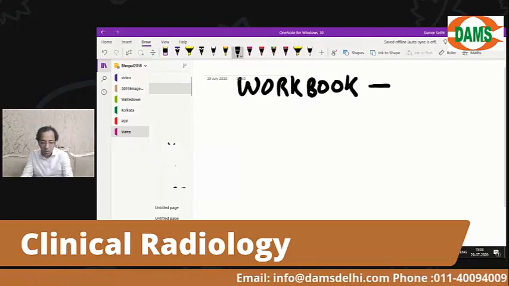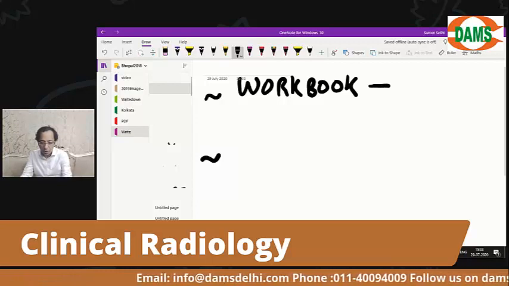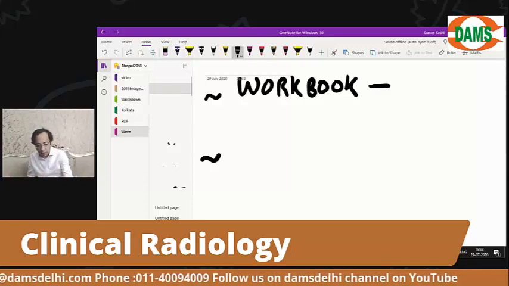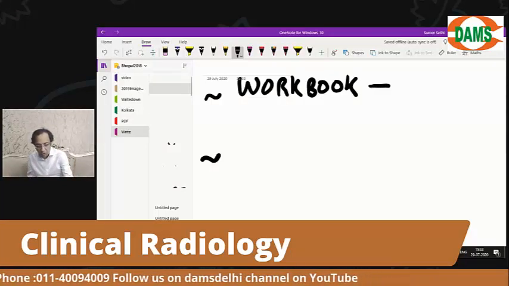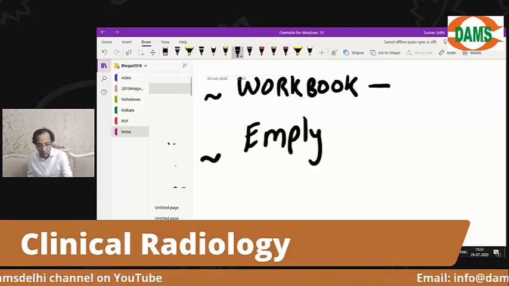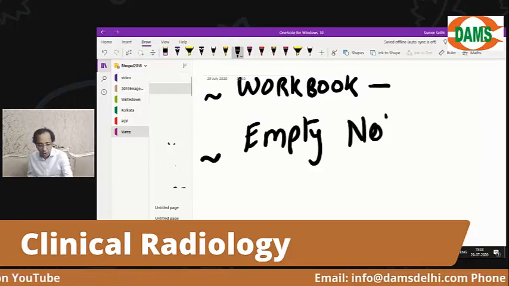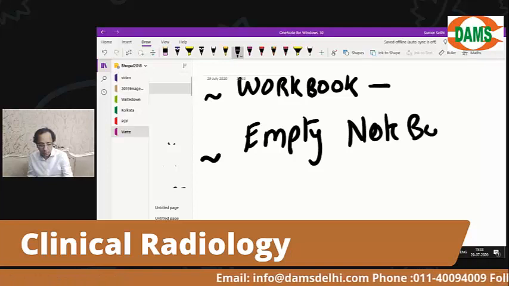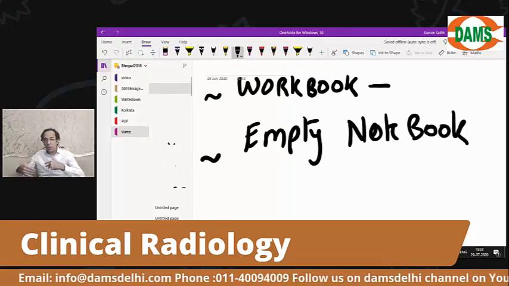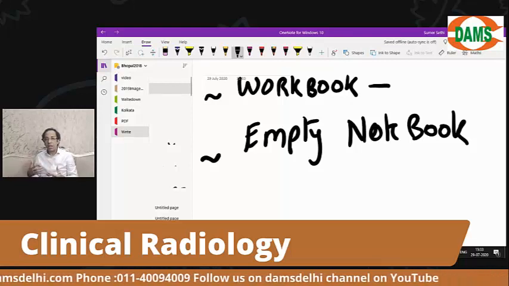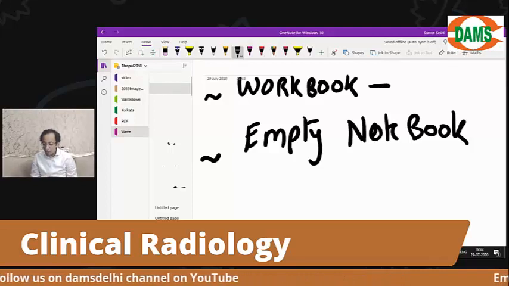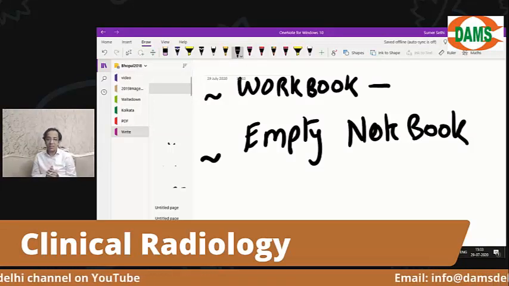If you don't have a workbook, please do not worry. Please use your empty notebook to make notes, so that when you get the workbook or when you see the app, you can correlate the images again later on. If you have the workbook, please open it. If you do not have it, it's okay.